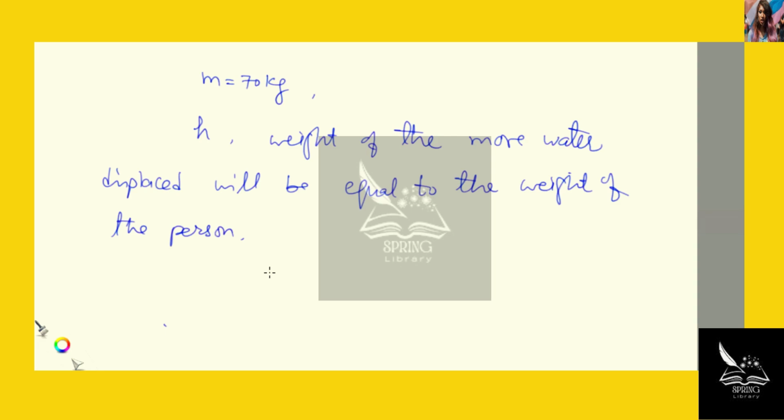As the diameter of the cylinder is given as 0.900 meters, its radius is 0.900 meter by 2, meaning 0.450 meter. This is the radius.